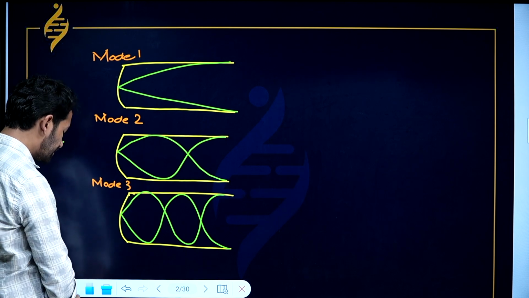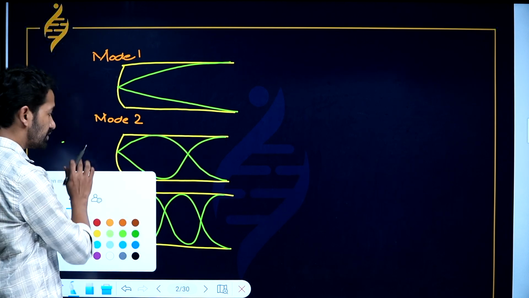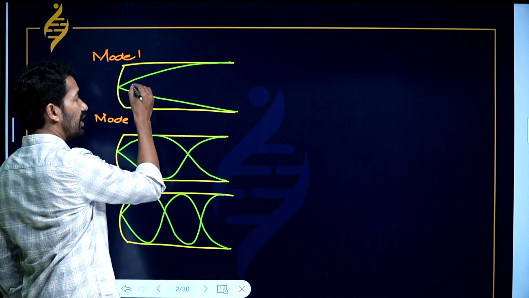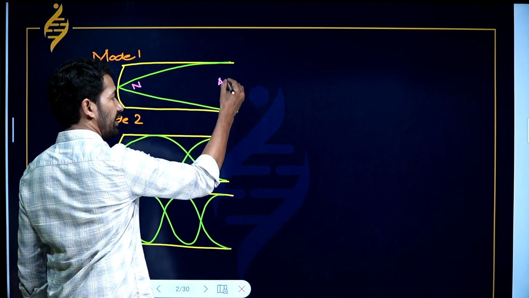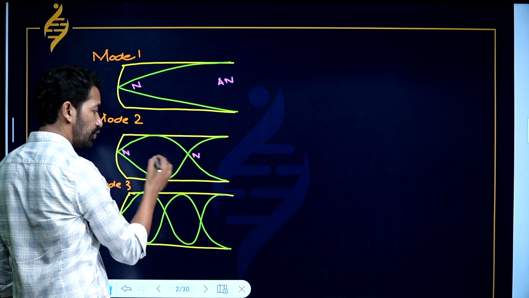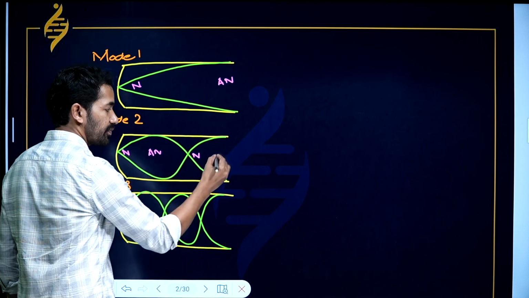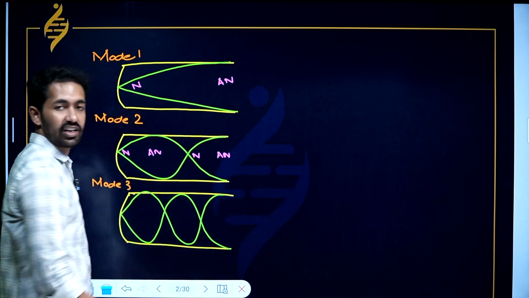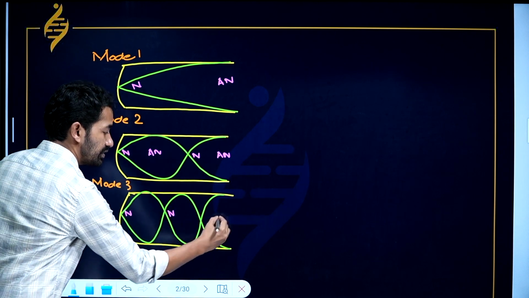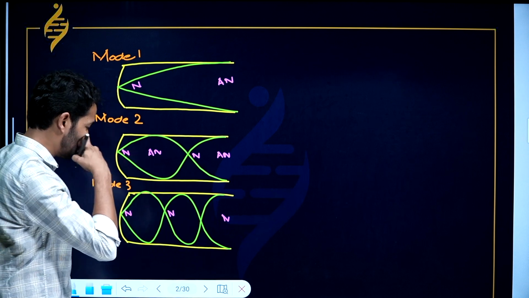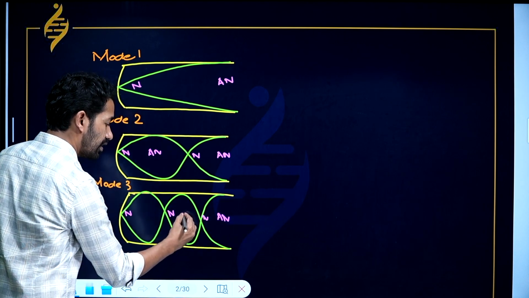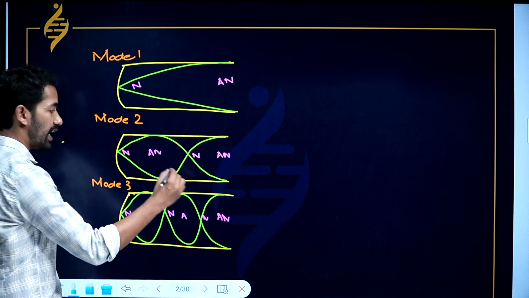At first let us discuss the nodes and antinodes. How many nodes do I have here? I have one node and one antinode. How many nodes do I have here? I have 2 nodes and 2 antinodes. Now what about here? I have 1, 2, 3 nodes and 1, 2, 3 antinodes.